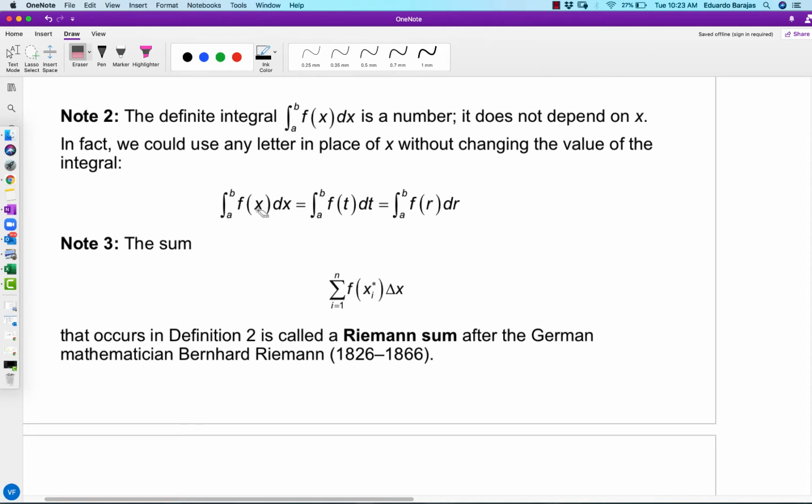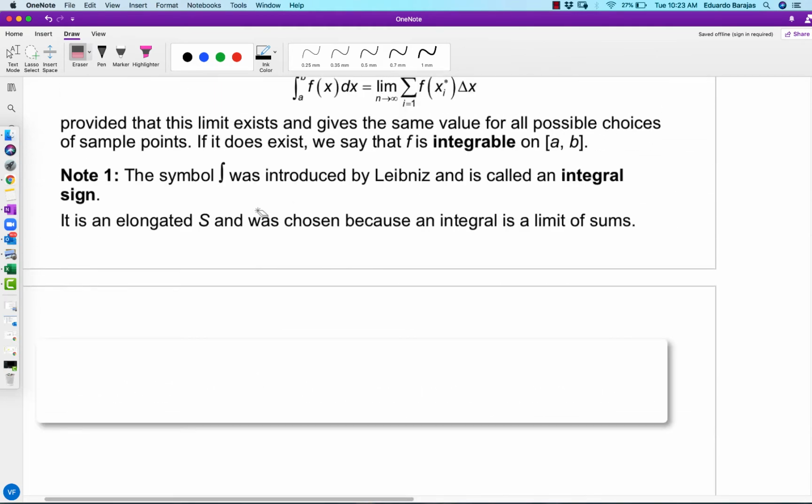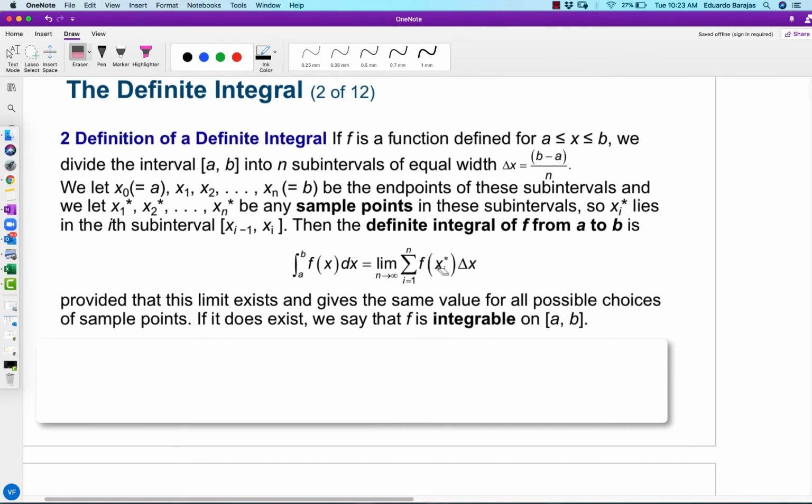Remember that I know that in algebra, x usually represents an independent variable, an unknown value to be determined, some value you can choose to affect the output. That's what we think of when we think of the letter x, but that's not what it is in this context. Let's go back to the definition. These input values here, sometimes we use the little star notation and sometimes not, but either way, they represent a sample point chosen from our domain that is used to determine the height of the rectangle.